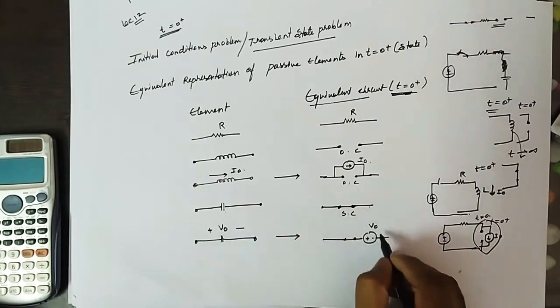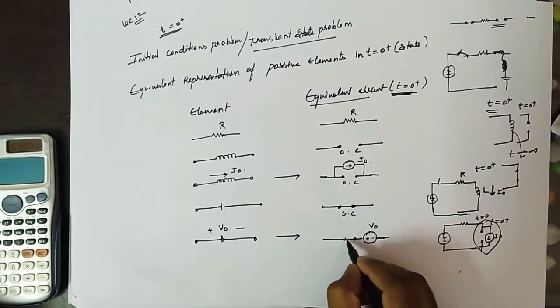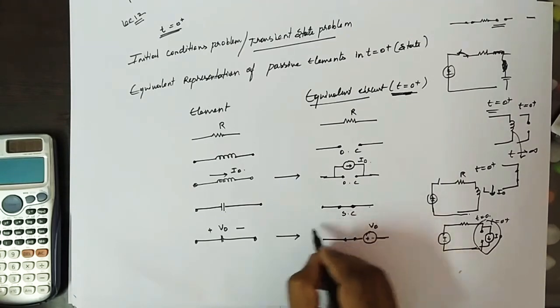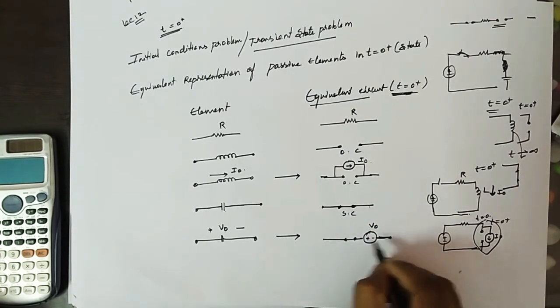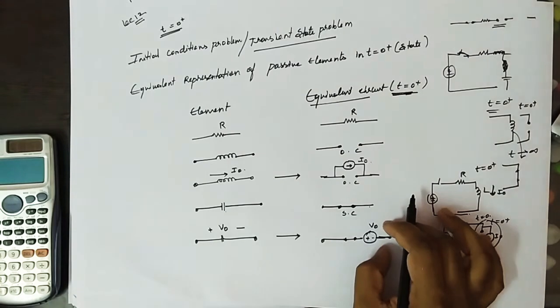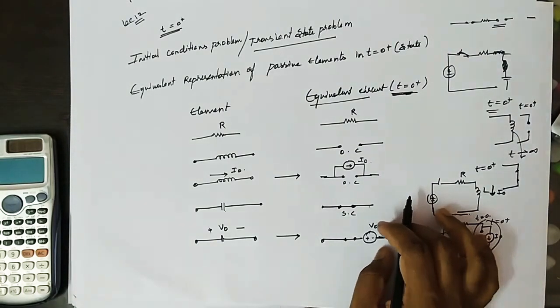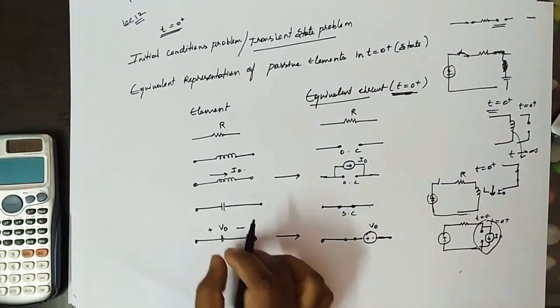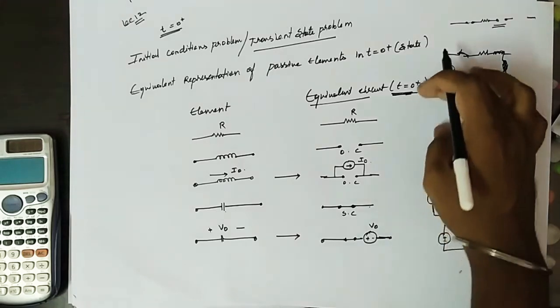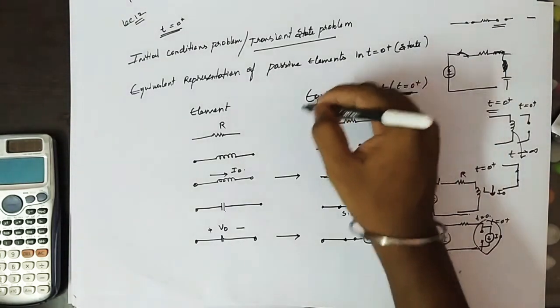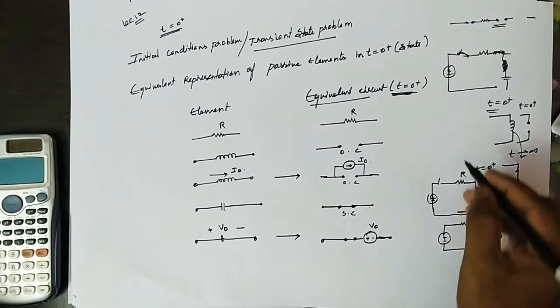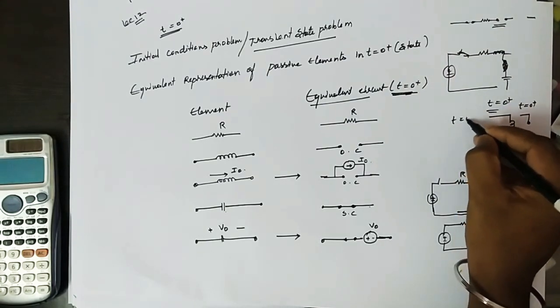So this initial voltage will be in series with the short circuit. This is the equivalent representation of a capacitor having initial voltage V0 at t equal to 0 plus.